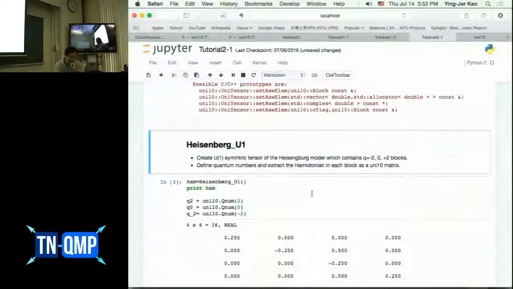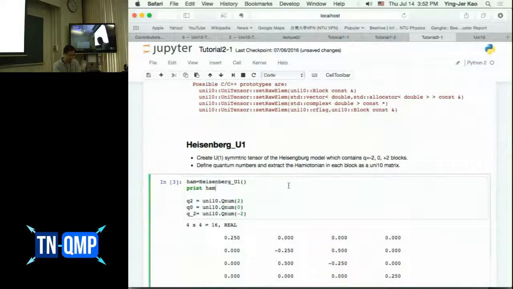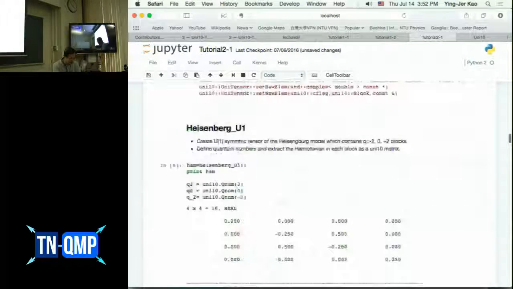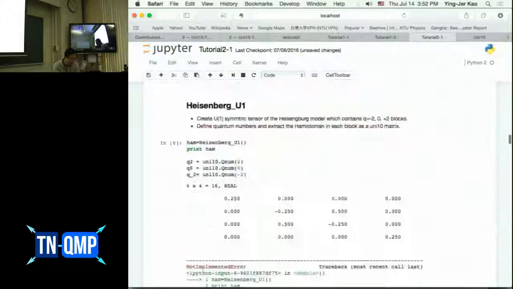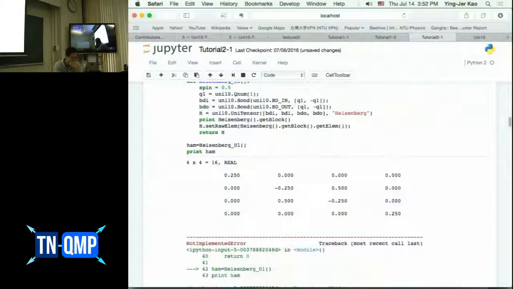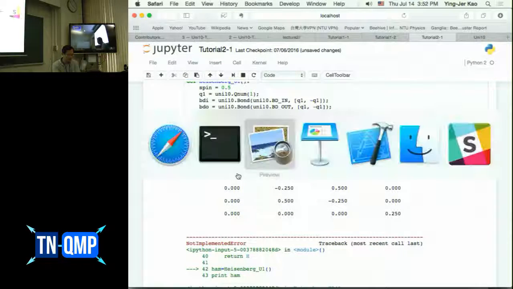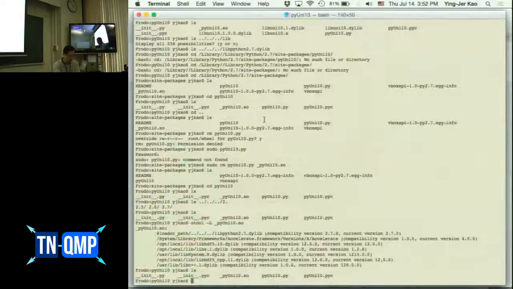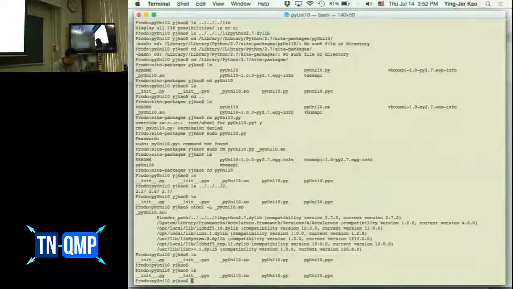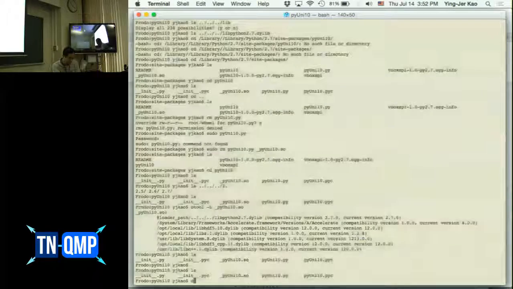Mm, So you use Linux, right? Yeah. Do you want to borrow my laptop?